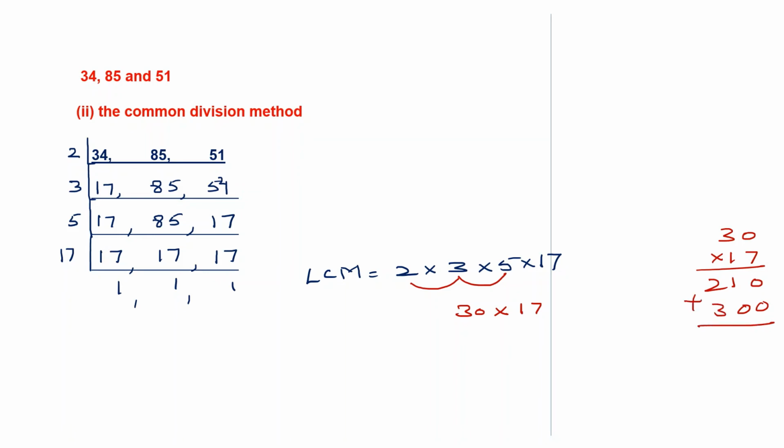Add this up, we get 510. So the LCM of these numbers, that is 34, 85 and 51, is 510. So we've got the same answer for both the methods.